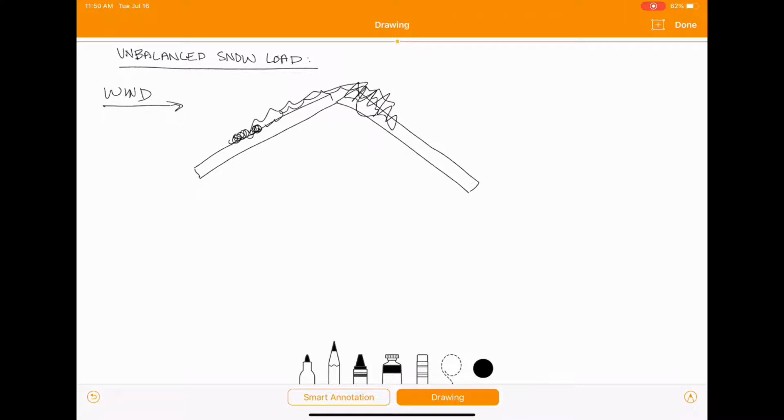So the wind, again, is going to come pick up this particle of snow here, move it up, and it's all going to get piled on this side of the roof. So unbalanced snow loads are talked about in section 7.6.